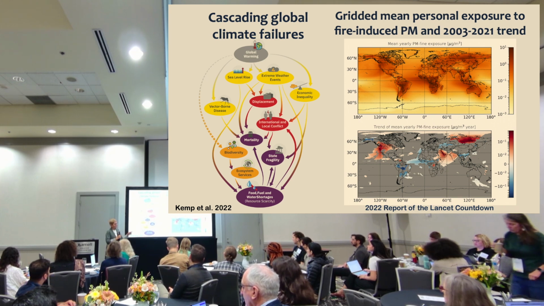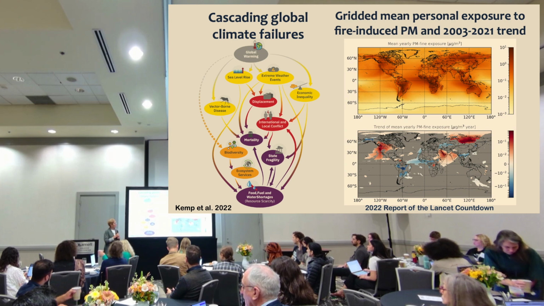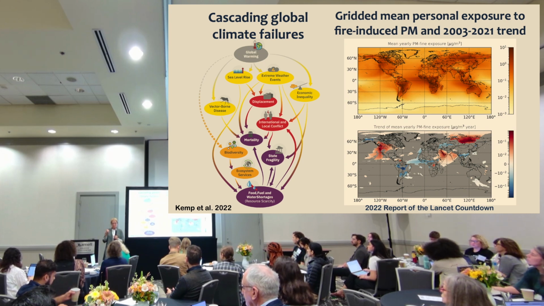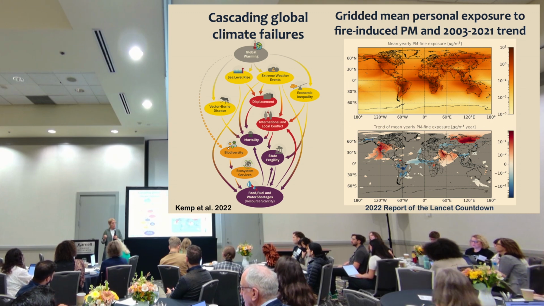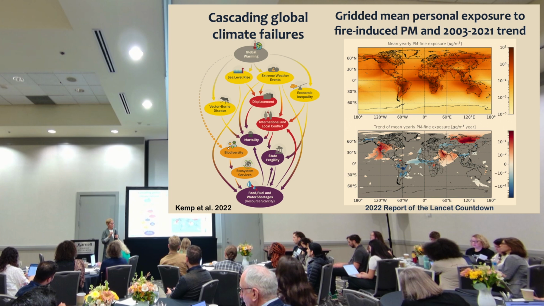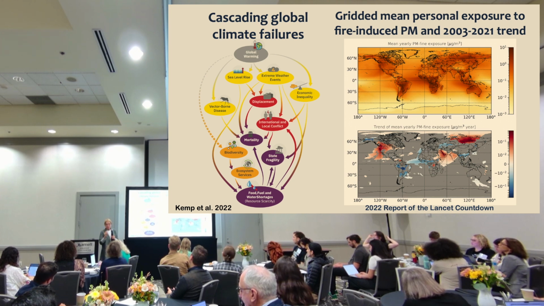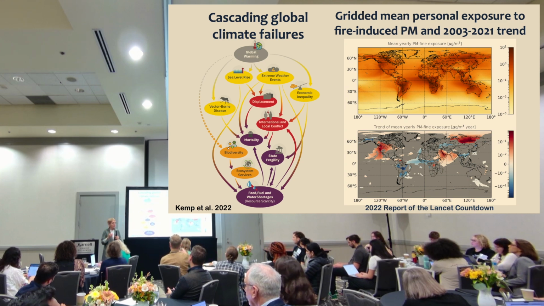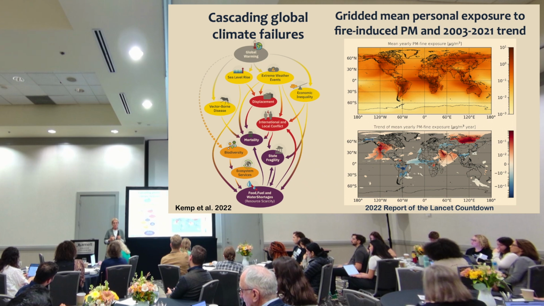Another point I wanted to make on wildfires is that the way we measure air quality is about particle size. So it's PM, particulate matter, and it's about the particular size of the particle. And there's a size of the particle, PM 2.5, and when you inhale PM 2.5, it goes deep into your lungs.